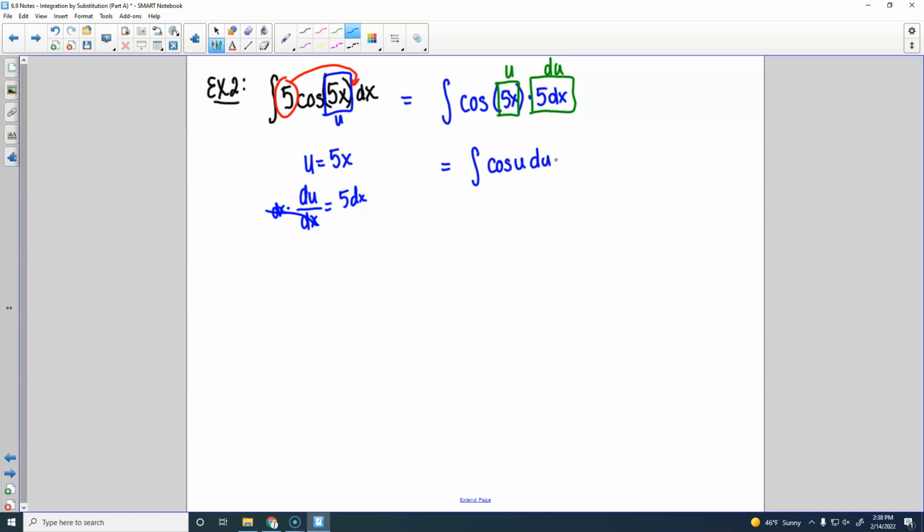What is the integral of cosine? Sine of u plus c.